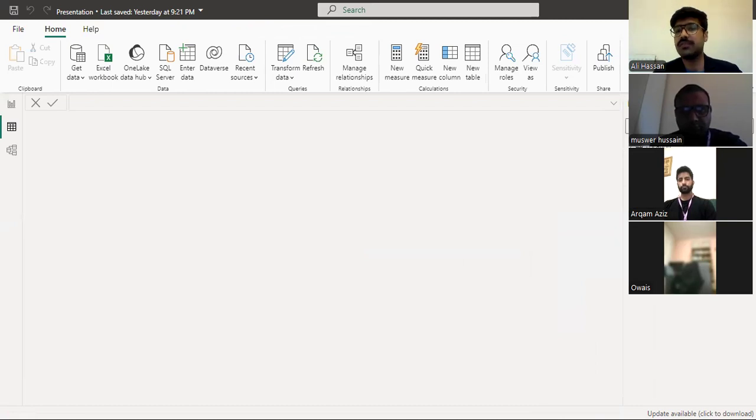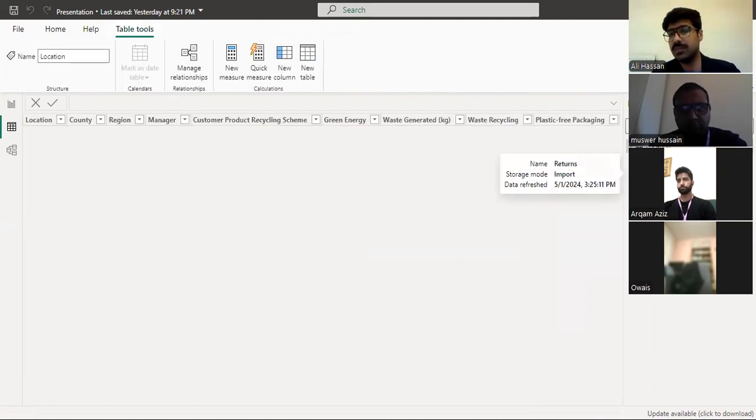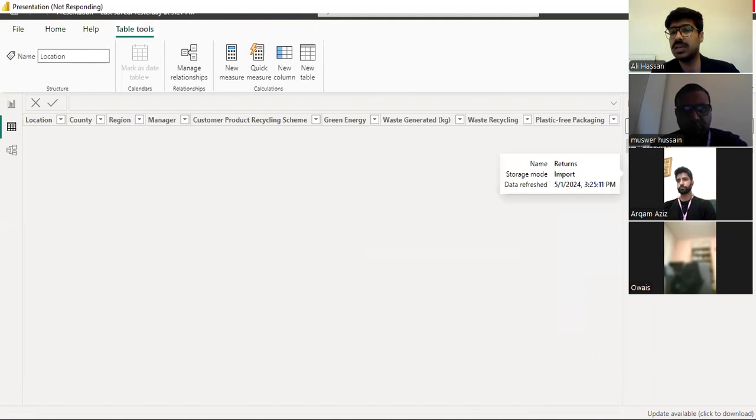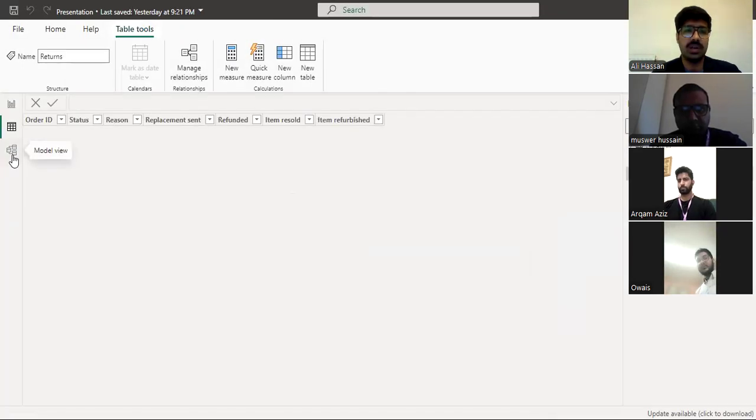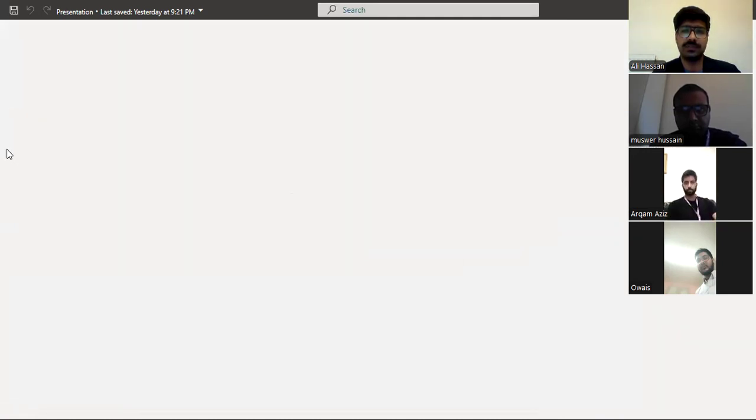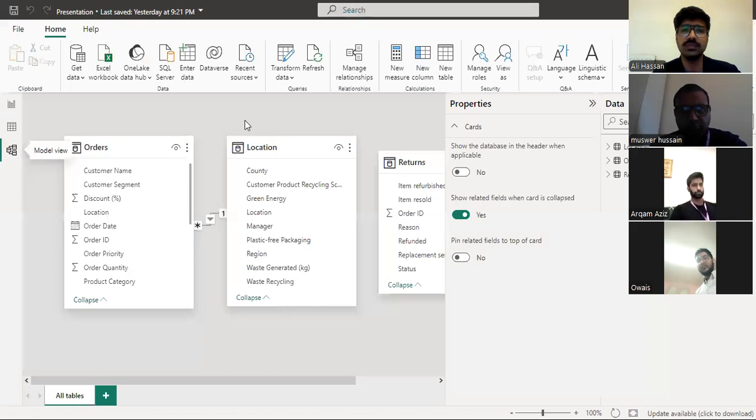We have three different data tables over here, and in the data model we have all three data tables.